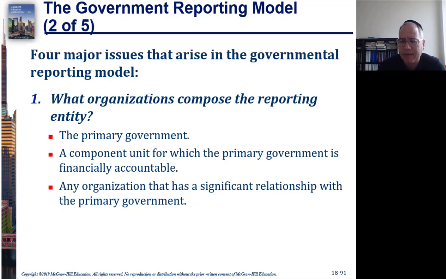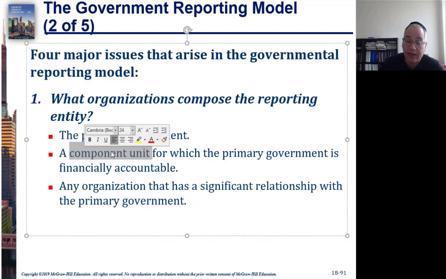Government has a big problem in that it's not clear sometimes which entities are part of the government and which are not. What organizations compose the reporting entity? There's no question that the primary government itself is going to be part of the reporting entity. But there are two other categories: what's called a component unit and an organization. A component unit is one for which the primary government is financially accountable.